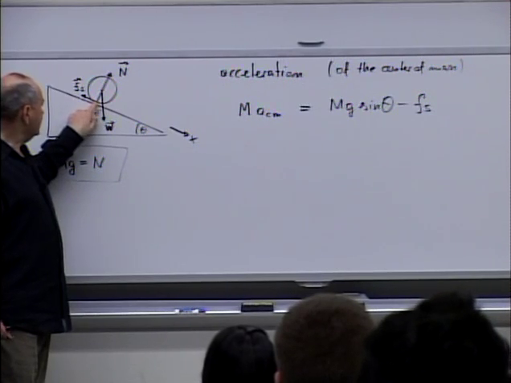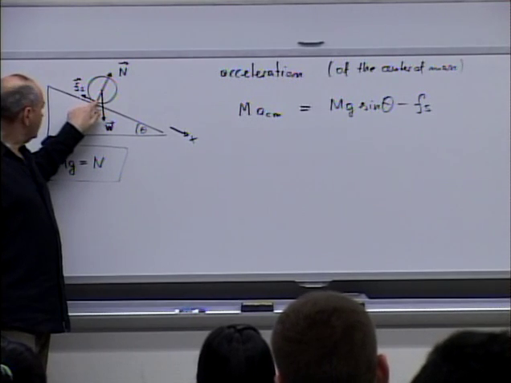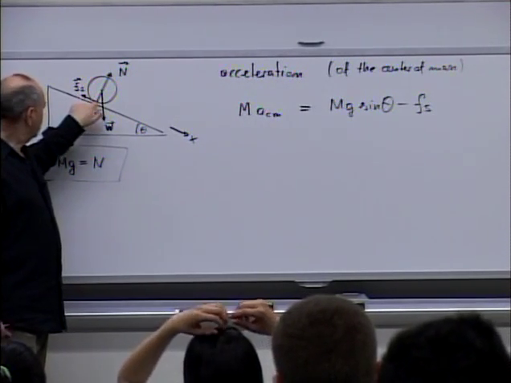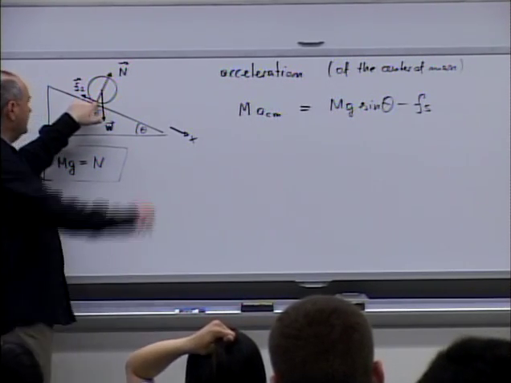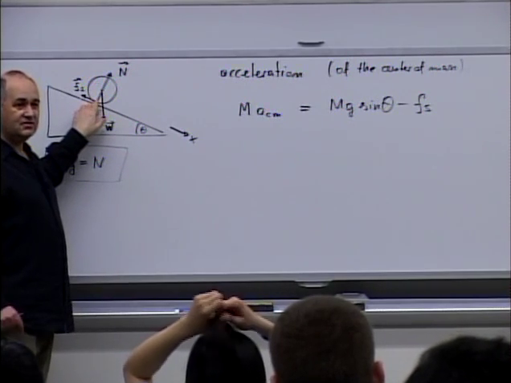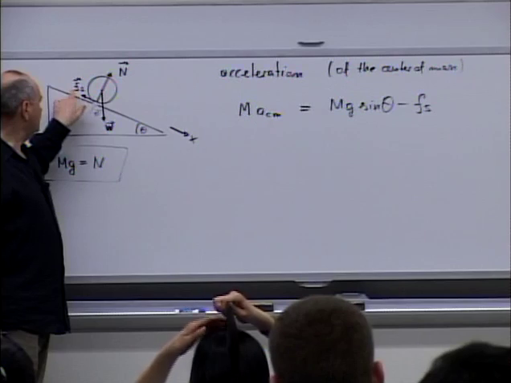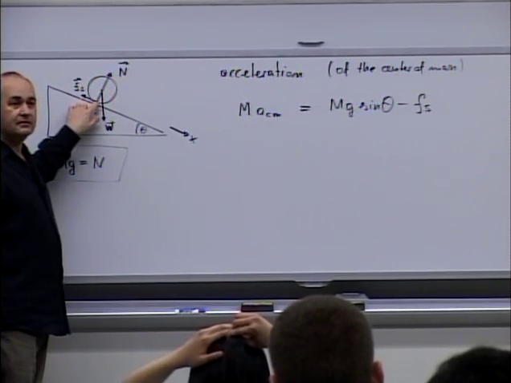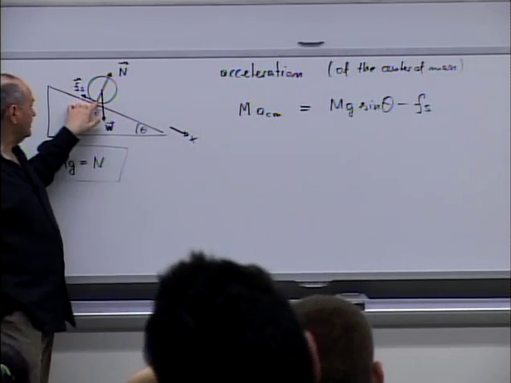This one is convenient, because if you consider this point where the wheel touches the ramp, this is an instantaneous axis, and the motion becomes purely rotational motion, and on top of it, the torque due to the frictional force and due to the normal force is how much? 0, right? Because the lever arms are going to be 0.